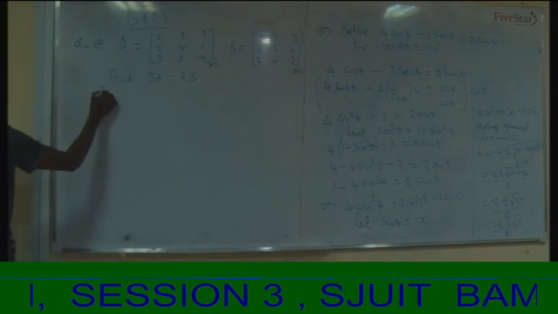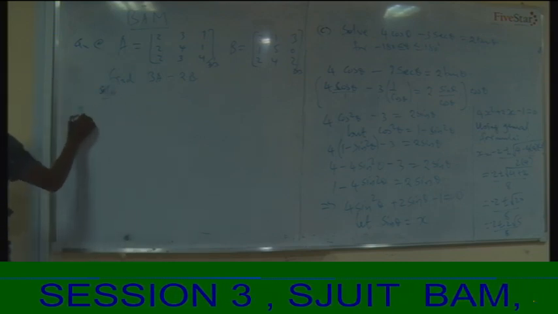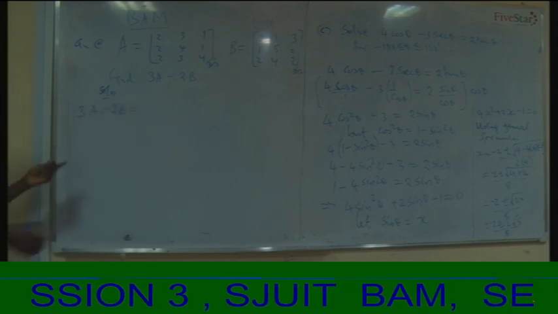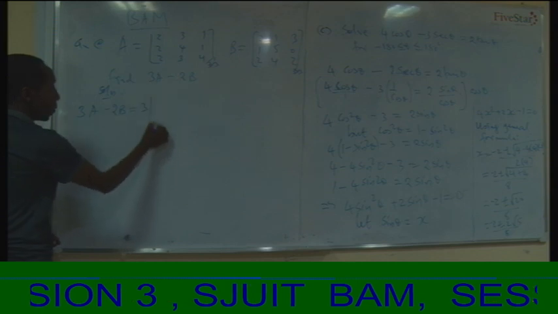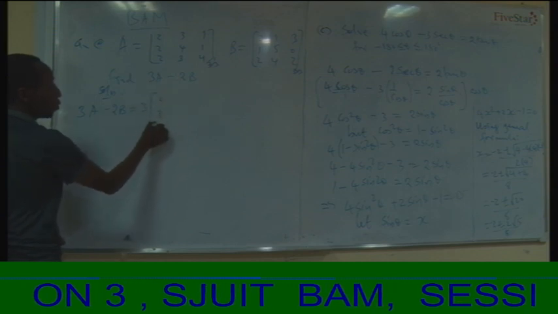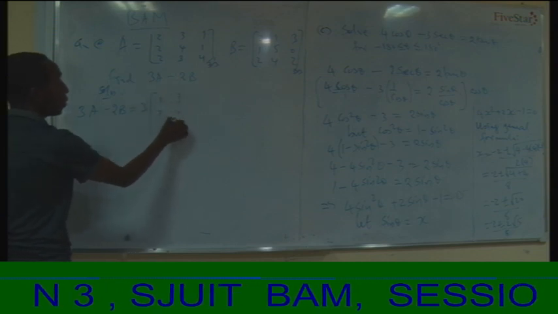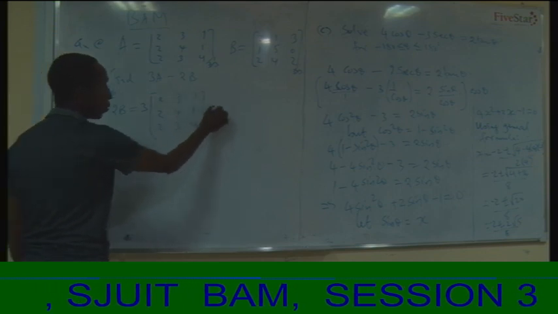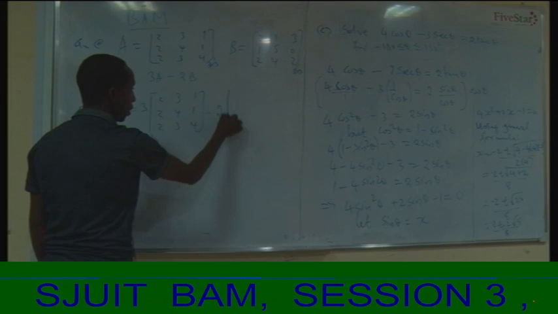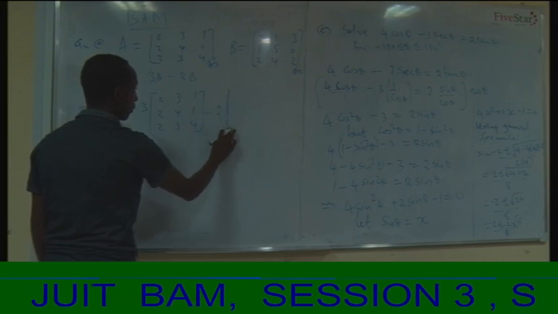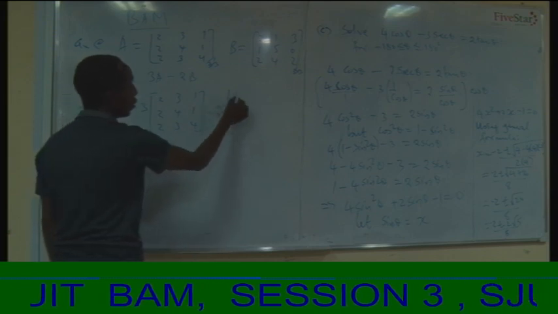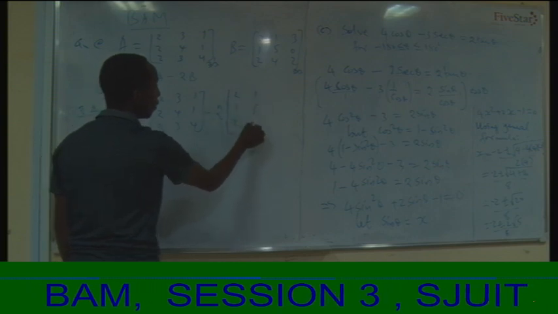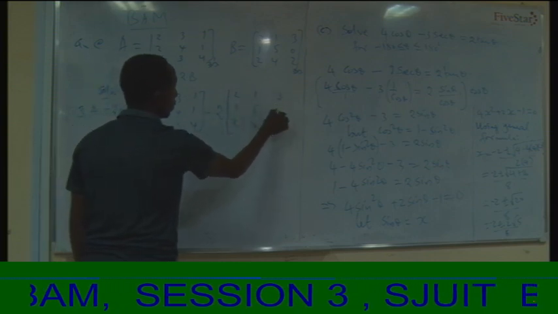So the solution here is simple. We need to find 3 times A minus 2 times B. This is equal to 3 times the matrix A, which is 2, 2, 2, 3, 4, 3, 1, 1, 4, minus 2 times matrix B, which is 2, 1, 2, 1, 5, 4, 3, 0, 2.